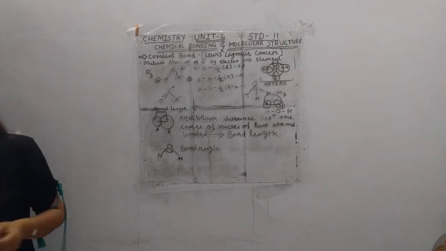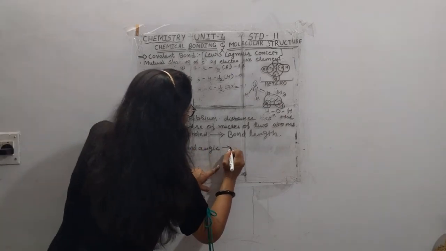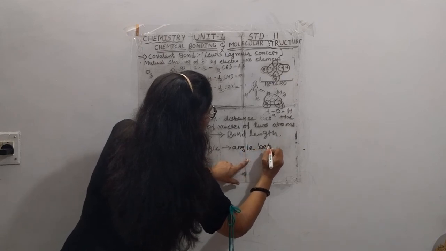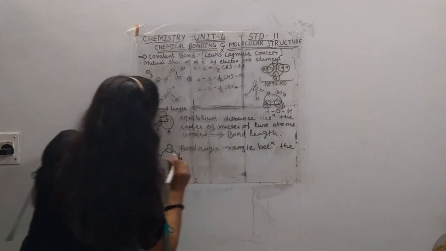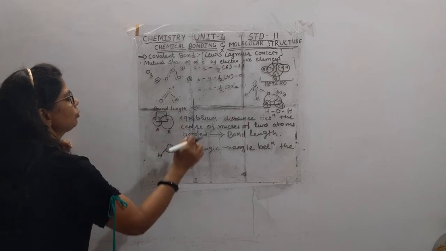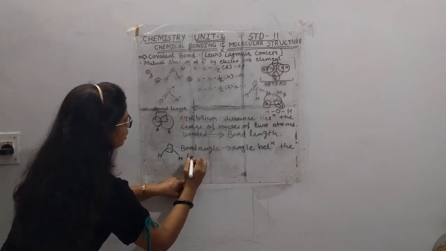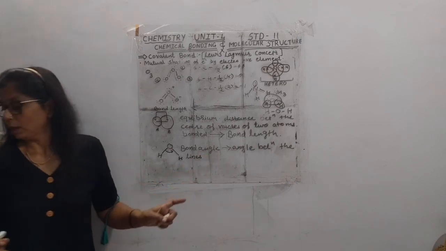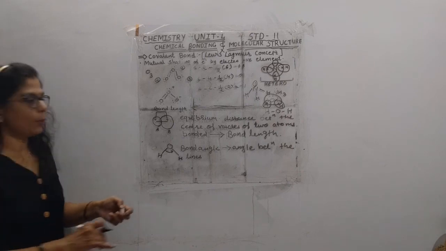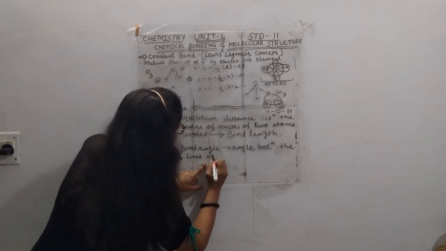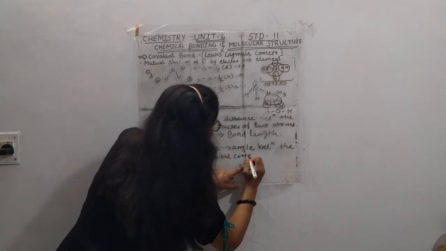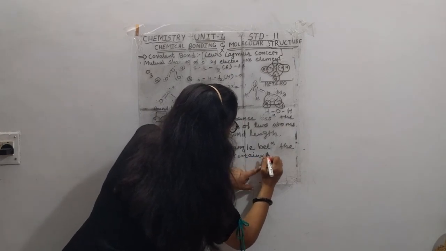So angle between the lines. Lines means which we have represented by putting a line in place of the Lewis dot structure. Between the lines which represent the orbital containing the bonding electron.